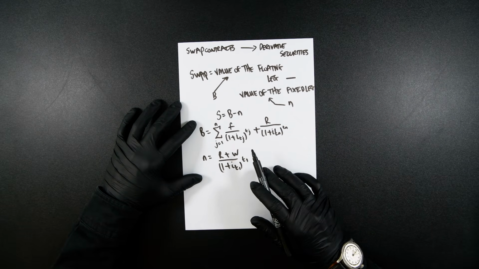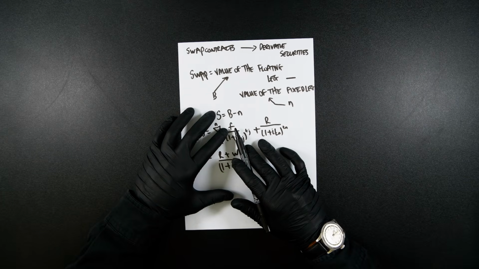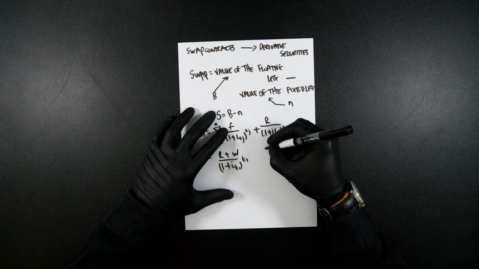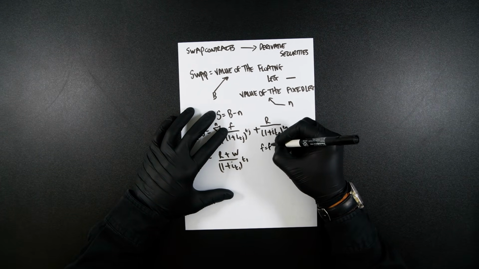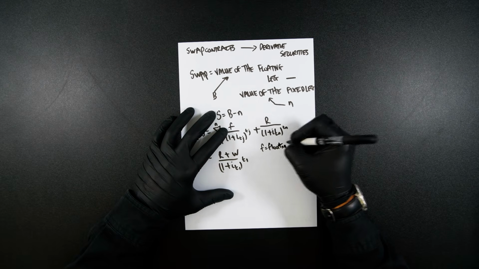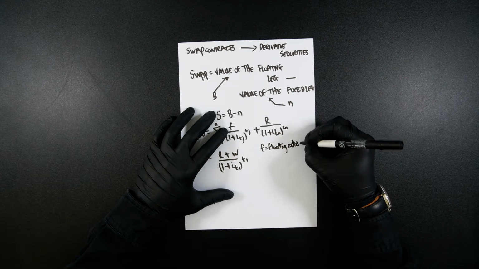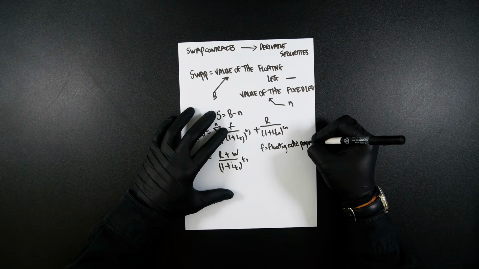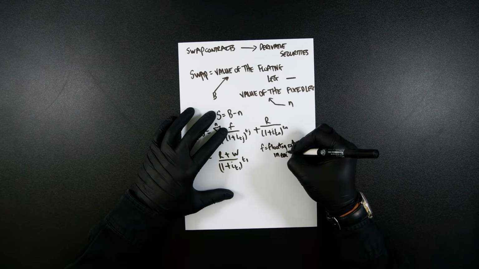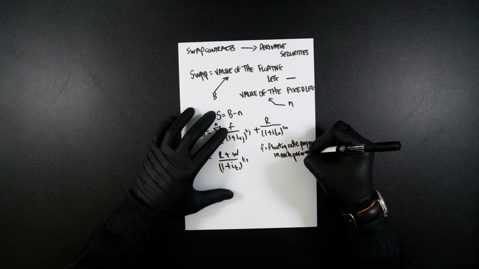So F is the floating rate payment in each period.